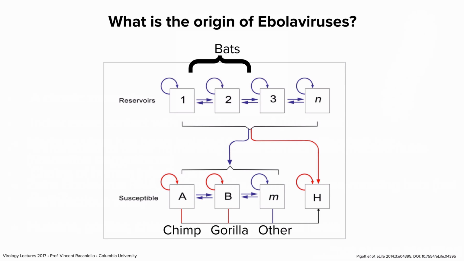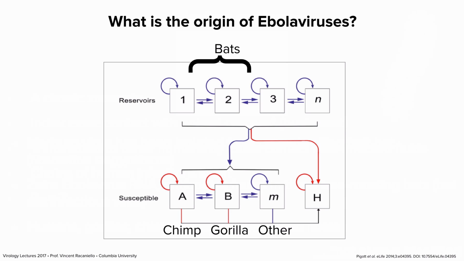So here's the summary of what I've just told you. You have bats that act as reservoirs. They infect each other with the virus. They spread it amongst each other. They're relatively healthy. They can spread it to dead-end hosts like chimps and gorillas, maybe even some other animals in the forest. We don't know. I mean, you can imagine these are hard experiments to do, because if you have an animal that you think might be infected, you have to take it to a BSL-4 laboratory to do the study.